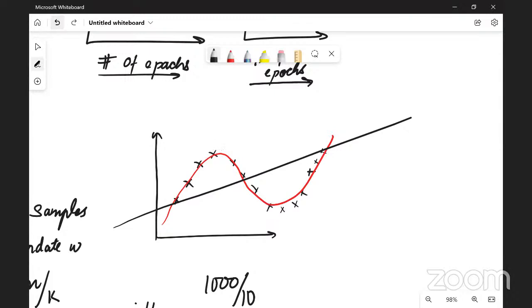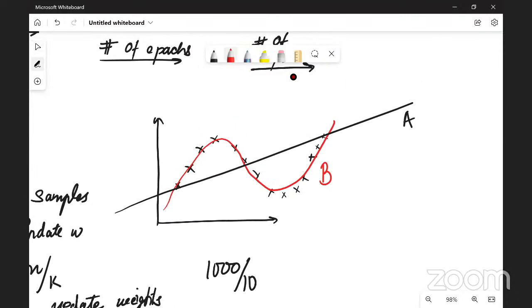So if you just apply linear regression, you're going to get a curve like this. What should be a more appropriate model for this? Do you agree with this? Yes, got it. Thank you, Swarnim.